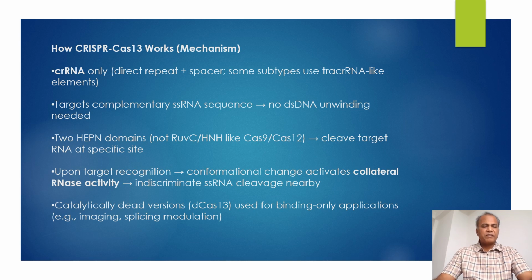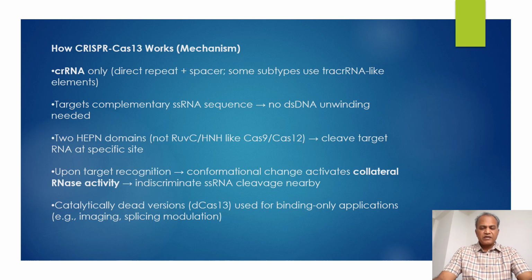Next, what is the mechanism? It performs direct repeat plus spacer, thereby it uses the tracrRNA like a basic element to identify the CRISPR RNA-based RNA editing as well as the knockout mechanism. Next, it targets complementary single-stranded RNA.